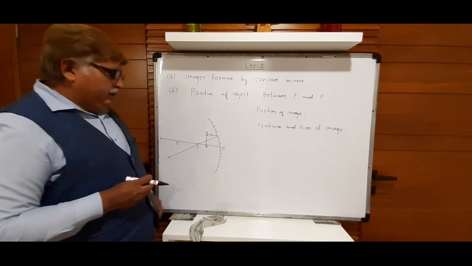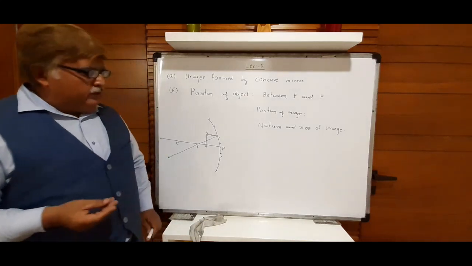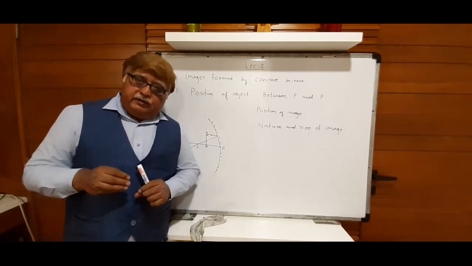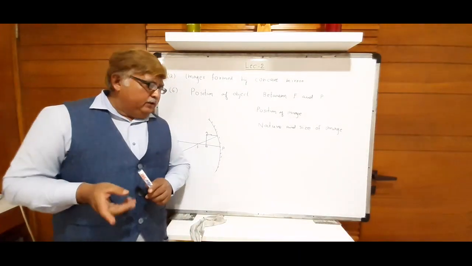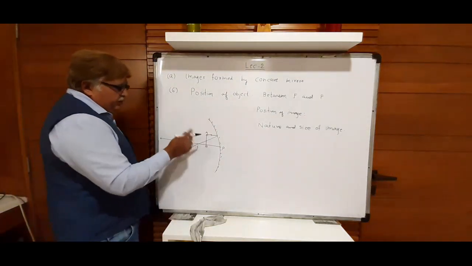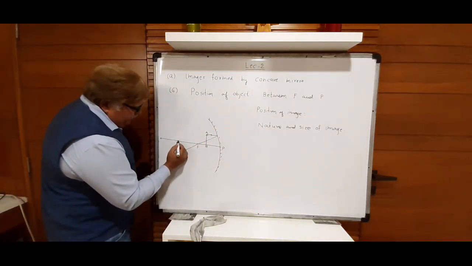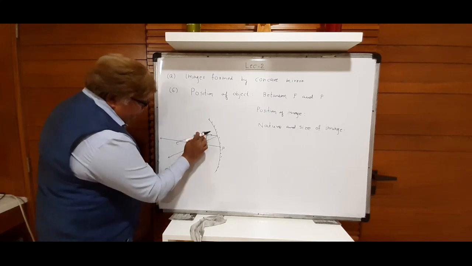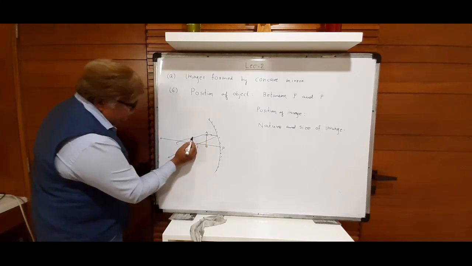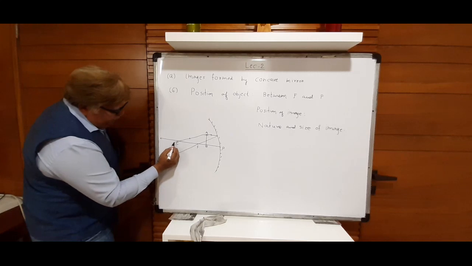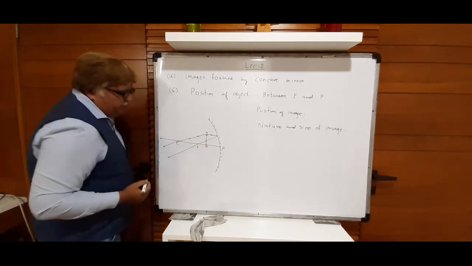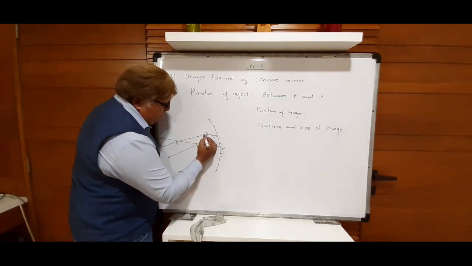For the second ray, the textbook has given a different way, and I am going to show both ways. First, the customary one as we know: the second ray passing from the center of curvature will reflect back and retrace its path.